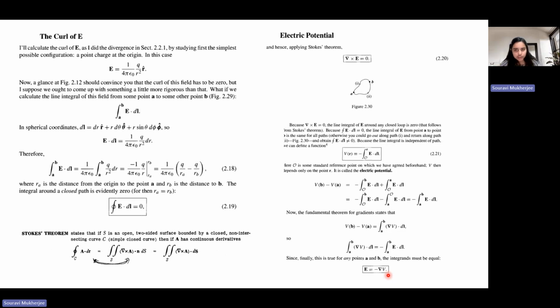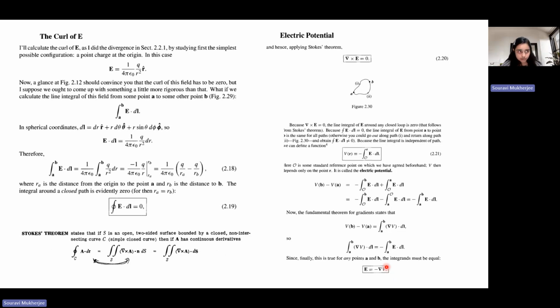That made our understanding and quantifying of fields quite a bit easier, because it's always easier to deal with scalars rather than vectors. For any given distribution of charge, you can first find the scalar potential and then use this relation to find the electric field.